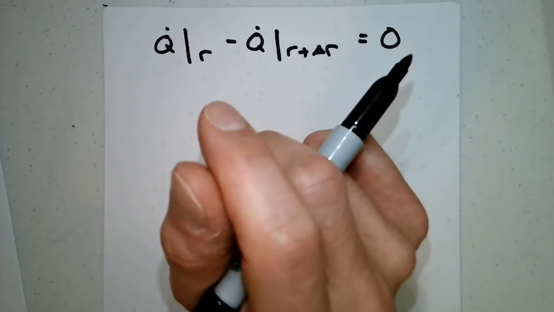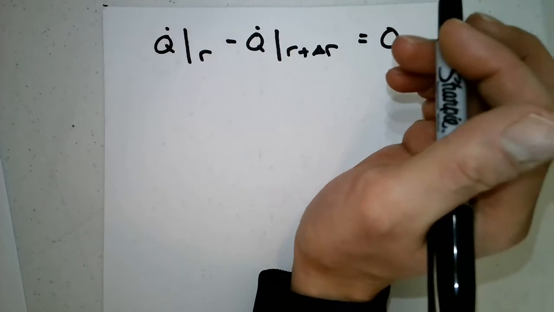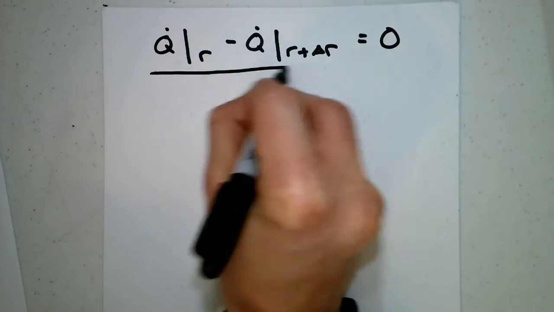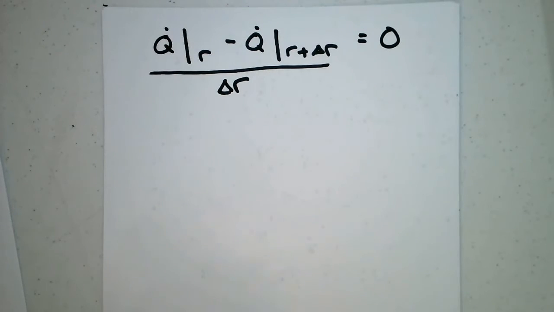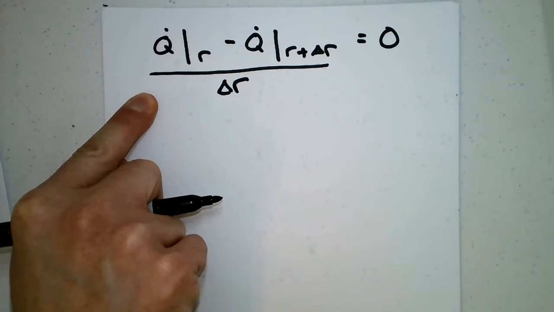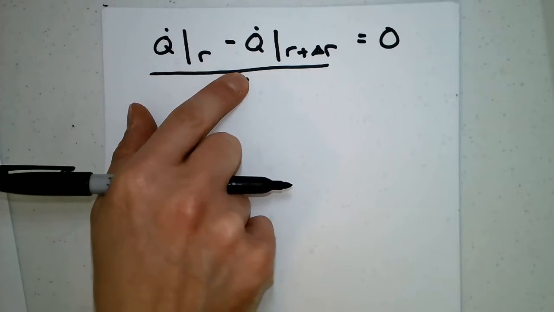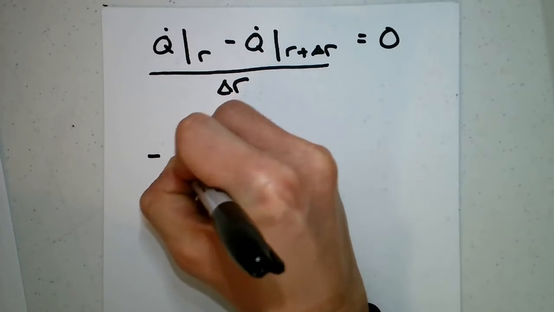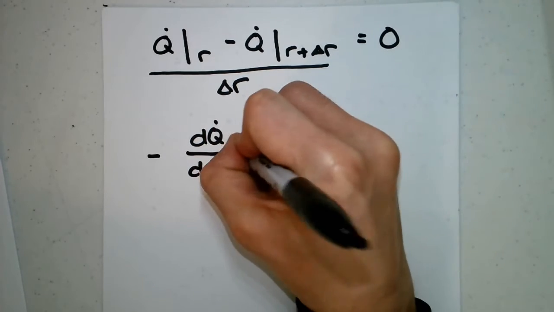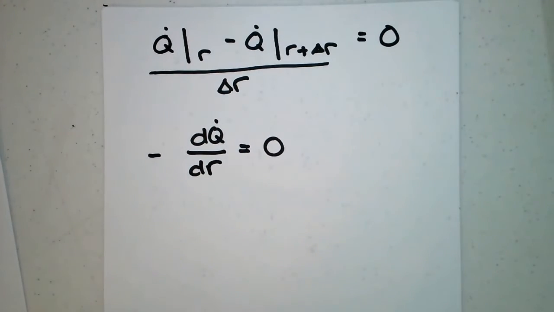So I'm going to divide by the delta R length scale, and really, I'm going to take this limit and say that we have state 1 minus state 2, negative dQ dr equals 0.